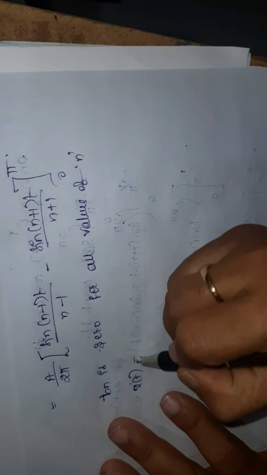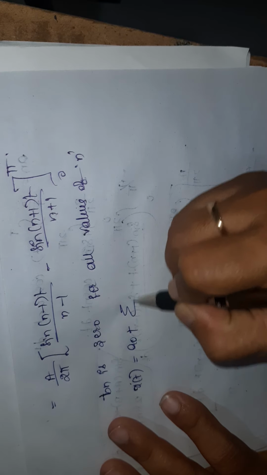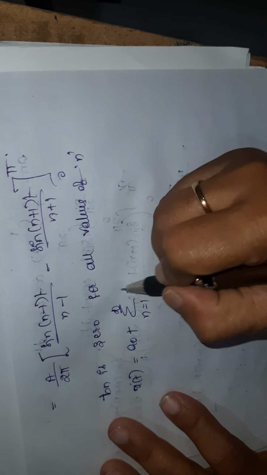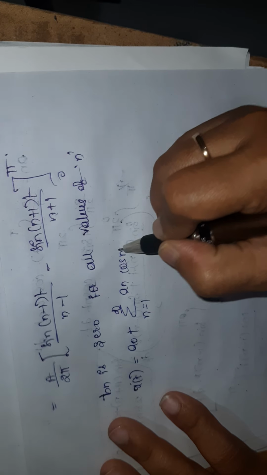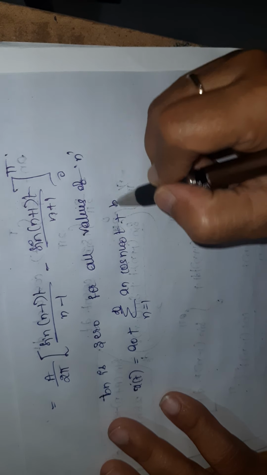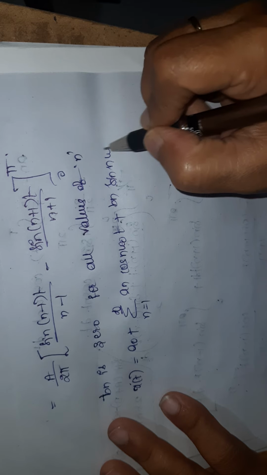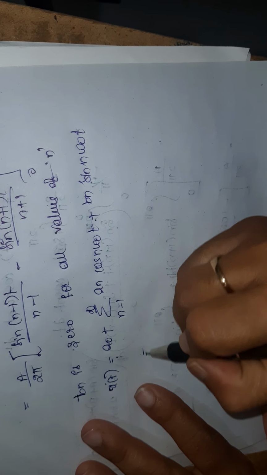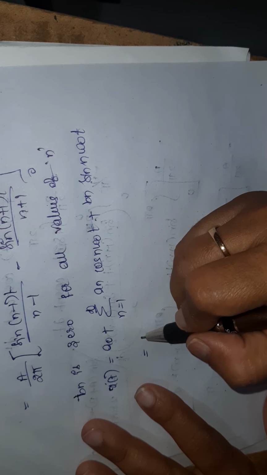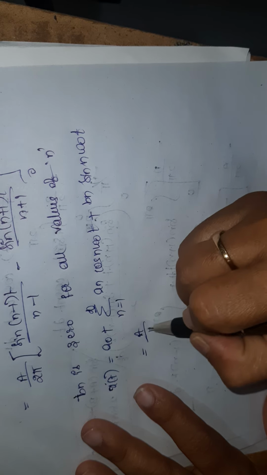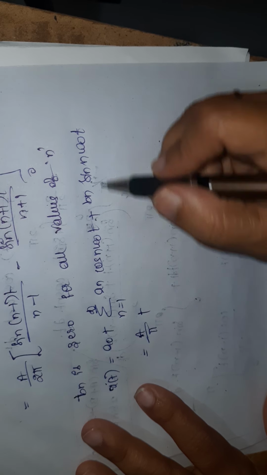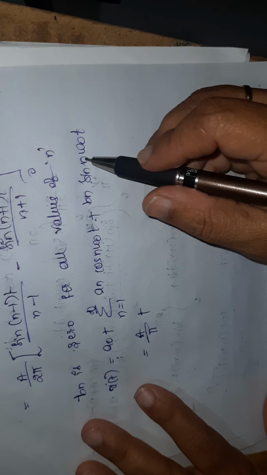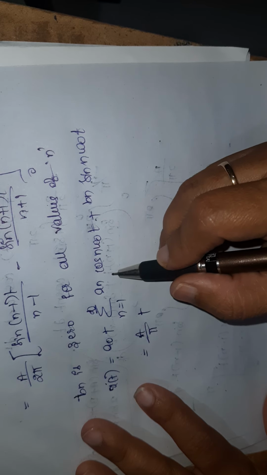Okay, so what is the expansion? A naught plus summation n is equal to 1 to infinity an cos n omega naught t plus bn sin n omega naught t. So we have a naught. What is a naught value? A naught value is a by pi, plus what is bn? It is 0. And what is an?